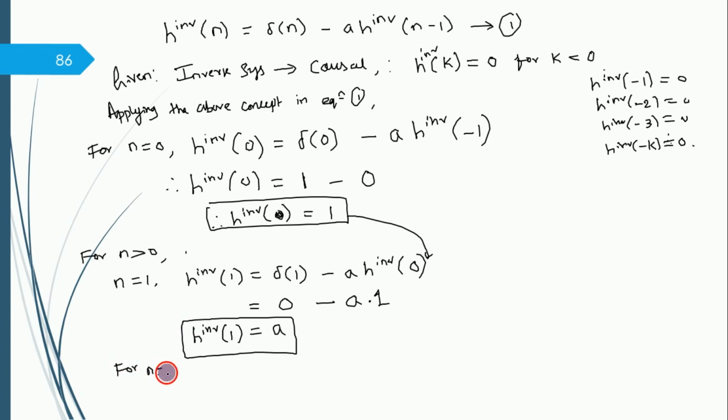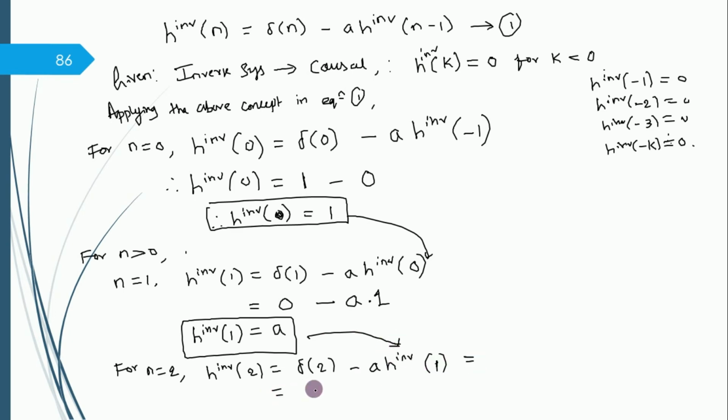For n equal to 2, let me check. H inverse of 2 is equal to, again from equation 1, delta of 2 minus a H inverse of n minus 1, which means 2 minus 1 is 1. So we have already found H inverse of 1.